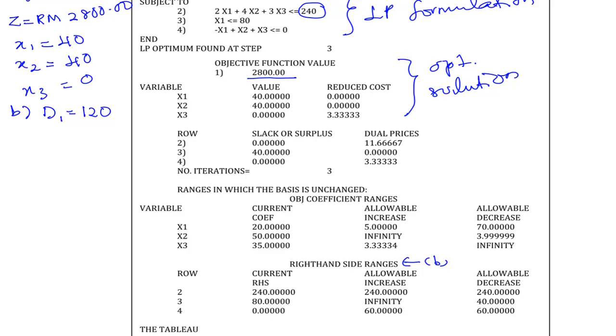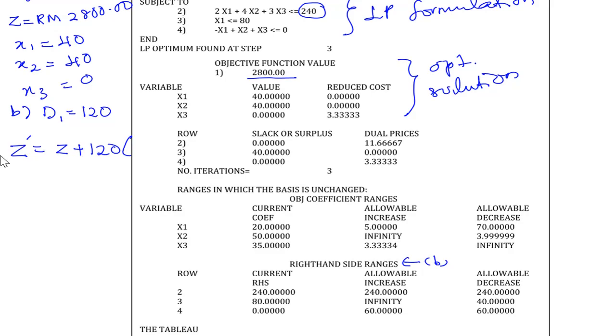So meaning that the current solution remains feasible, but with the new values of BV. Here you can calculate the new value for Z. So Z new equals Z plus the change 120, multiplied by the dual price.